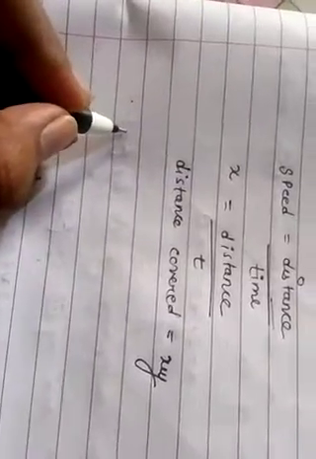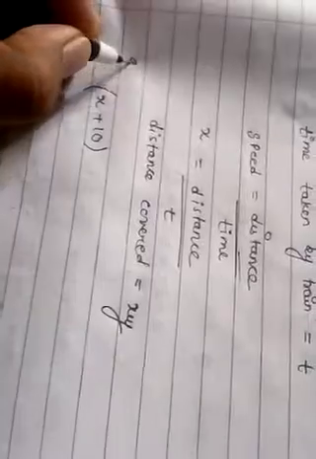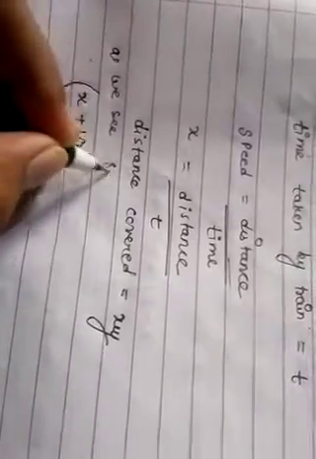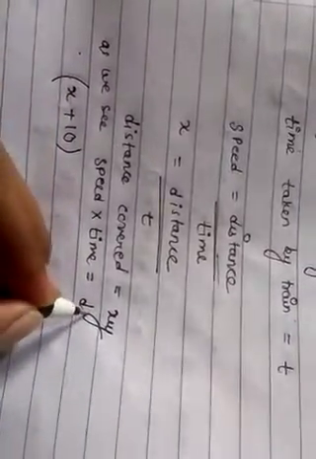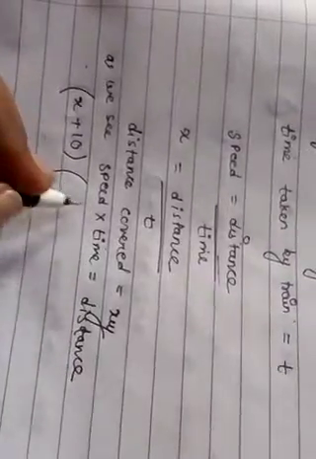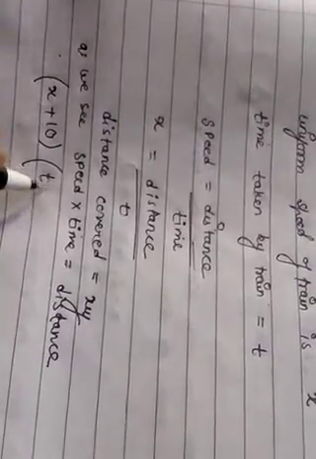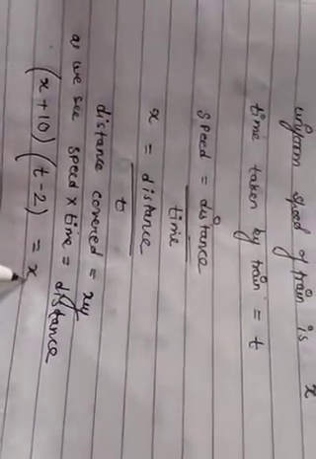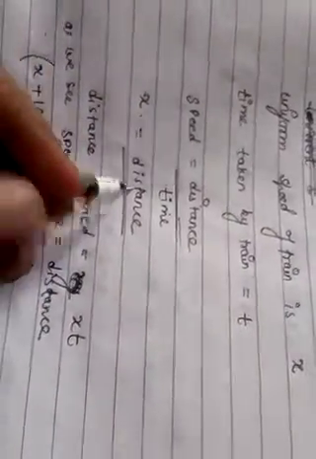So x plus 10, as we see that speed into time equals distance. Taking 2 hours less, so t minus 2, will become x multiplied by t for distance.